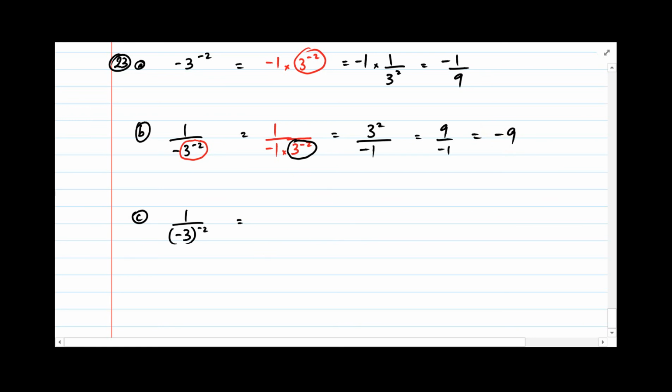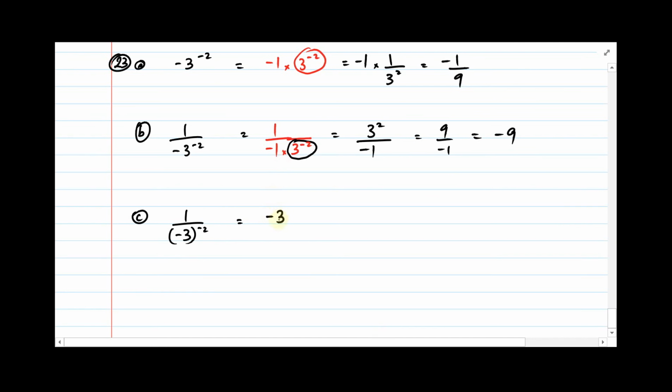Alright, continuing on, part C, the bracket. The placement of the bracket is important. I just wanted to remove my circle from part B. So if I look at part C, you would have 1 over, the bracket term is negative 3.